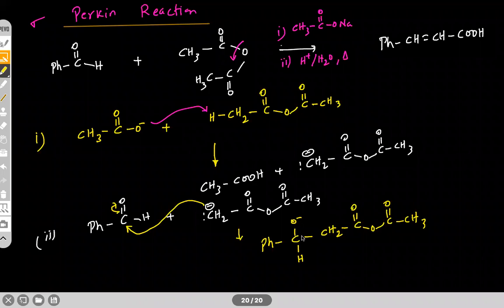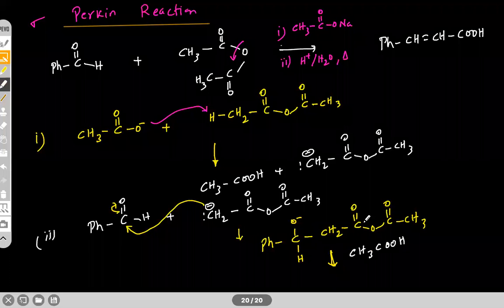The O minus gets protonated by the water molecule which forms in the first step. But here we do not have water, but here we have acid. So this O minus gets protonated by acid in the next step. This H comes over here, we'll get OH here. And then you are heating it, then we have H plus H2O, reaction takes place here, and you'll get cinnamic acid. So I'll write down this step in the next slide.